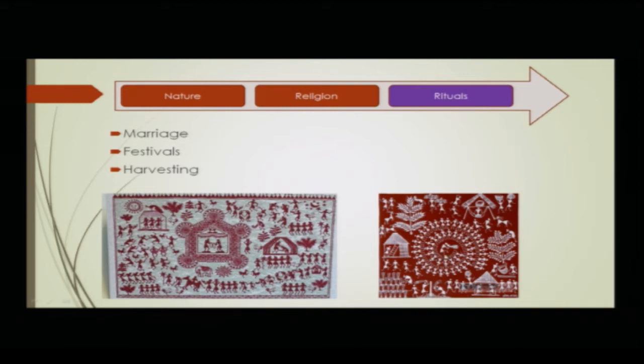In the right painting we can see that they are enjoying some festival, and there is a person in the middle of the painting playing the tadpa, and people around him are dancing. And at the bottom of this painting we can see people harvesting their crops. So these are the three main inspirations of the rituals that they got from.